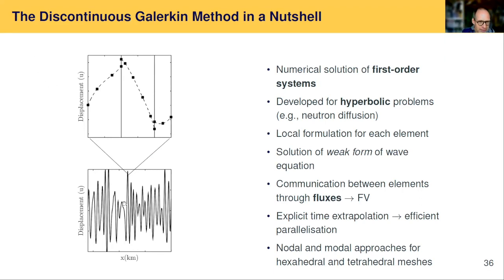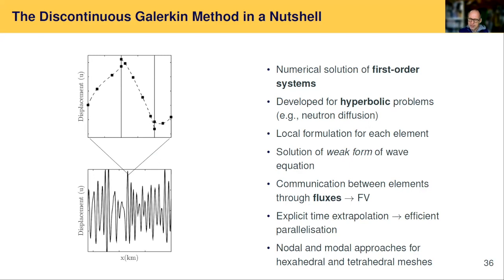So again, let's look at this in a nutshell. We have an actual wave field simulated with the Discontinuous Galerkin method. It's a finite element method, so again we have elements. Inside these elements, at least in this implementation, we will have the same basis functions as in the spectral element method.